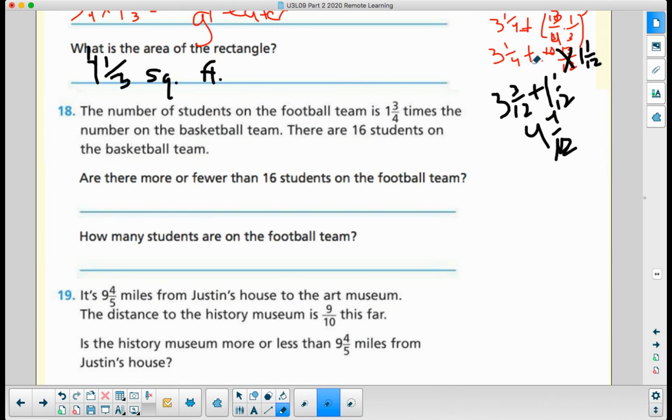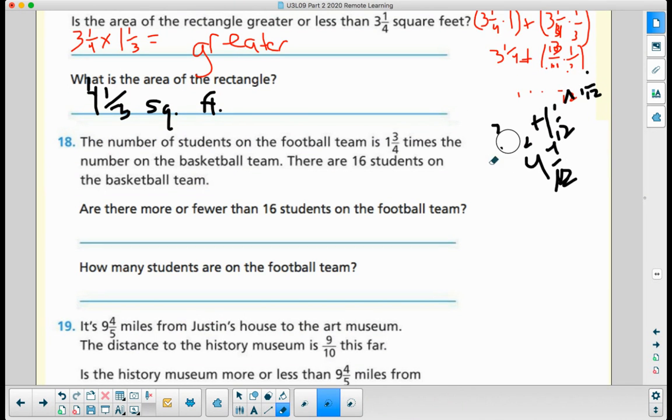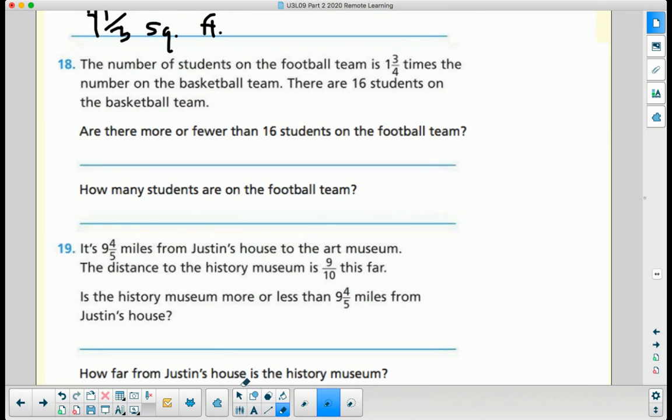All right. Now, this computer is really bothering me. All right. 18. The number of students on a football team is 1 3/4 times the number on a basketball team. There are 16 students on the basketball team. Are there more or fewer than 16 students on the football team?